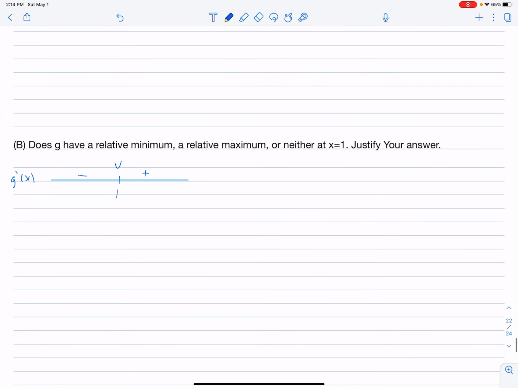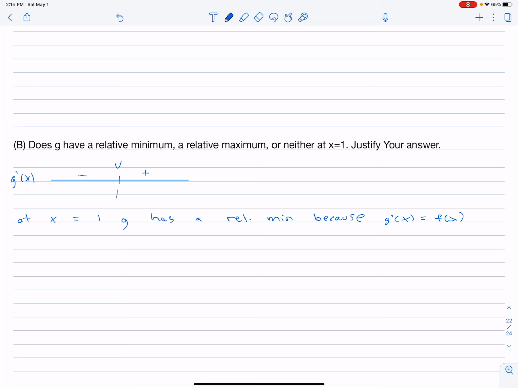So what am I going to say? I'm going to say at x equals 1, g has a relative minimum because g prime of x, which equals f of x, changes from negative to positive at that point. Remember, I want to find out information about g, and I'm looking at f.